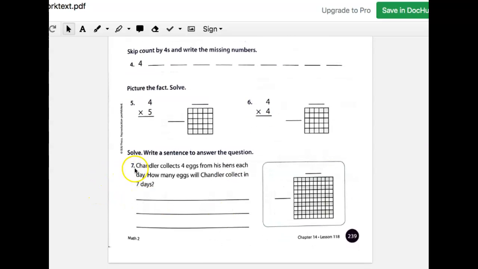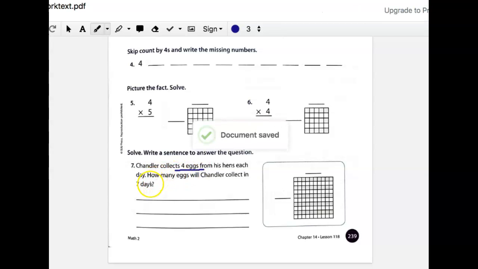Number 7 is a word problem, so let's try this together. Chandler collects 4 eggs from his hens each day. How many eggs will Chandler collect in 7 days? So the question asks, how many eggs will he collect in 7 days? So we're looking for eggs that he collected in 7 days. Then what information is given to us in this problem? We know that he collects 4 eggs from his hen each day.